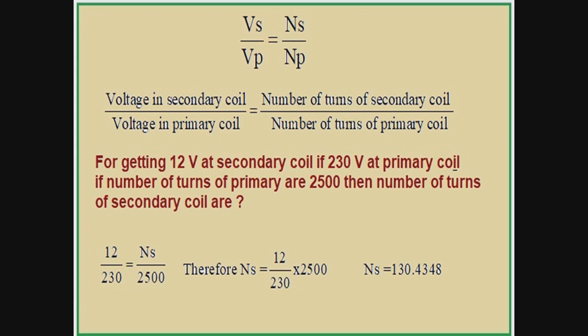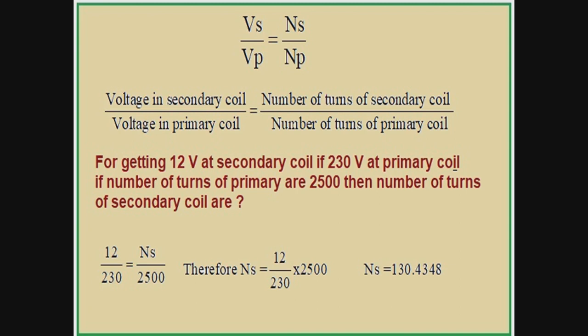So basically, what is the function of a transformer? There is confusion among students that a transformer can convert AC to DC. That is wrong. Or DC to AC. That is also wrong. A transformer lowers higher AC to lower AC, or it can increase lower AC from 230 volt to 60,000 volt or 90,000 volt.